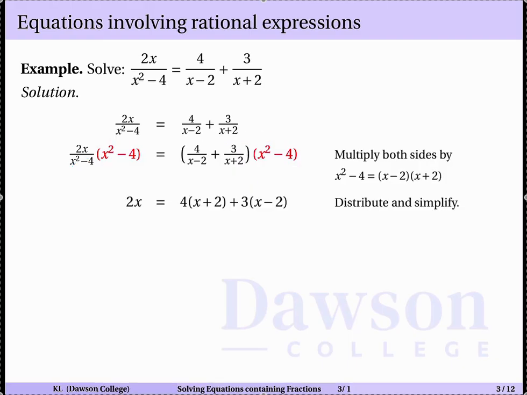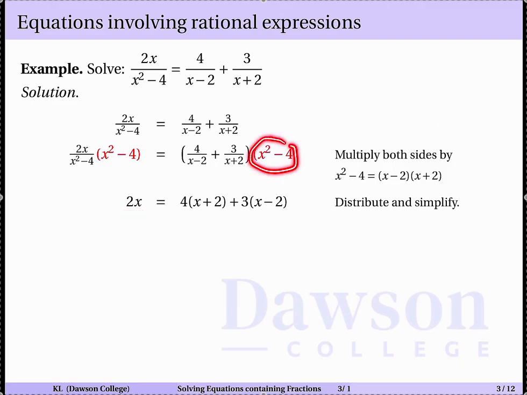So if we have it rewritten, we have the following. 2x equals 4 times x plus 2 plus 3 times x minus 2. So again, in here, x squared minus 4 is cancelled, so we are left with the 2x.